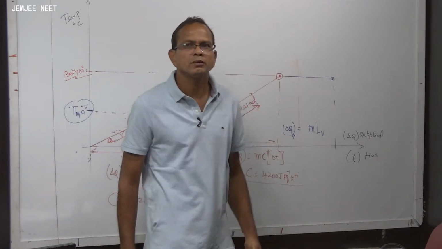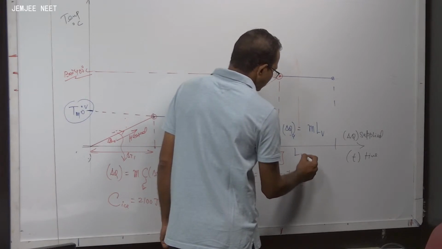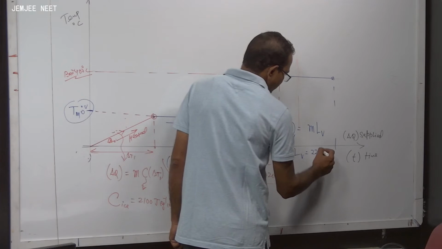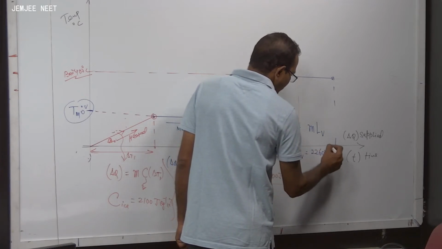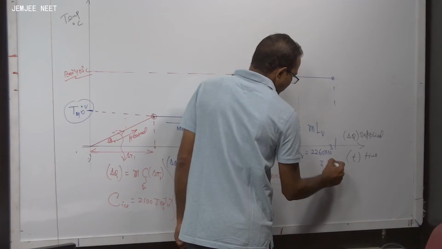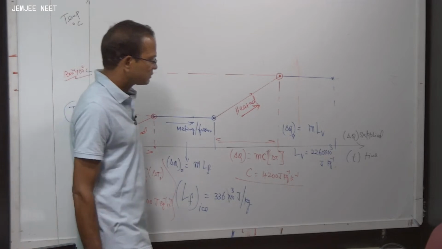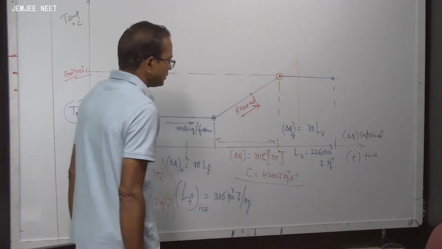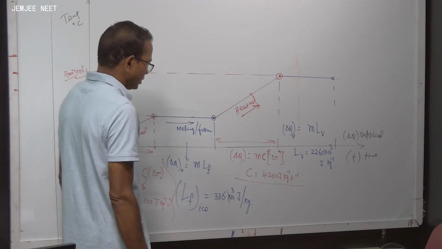All of you know the value of latent heat of vaporization. It is 2260 into 10 power 3 joule per kilogram.